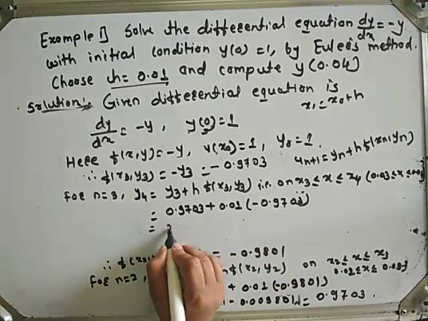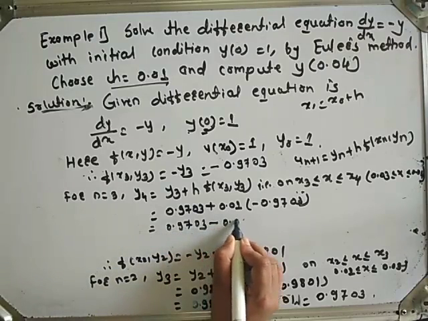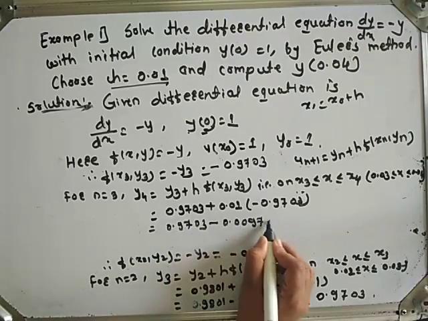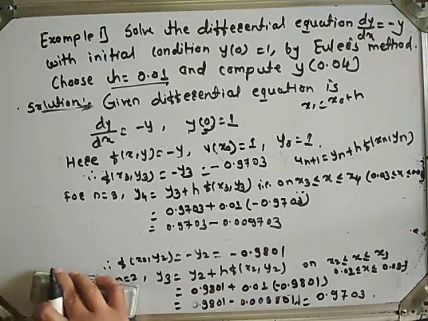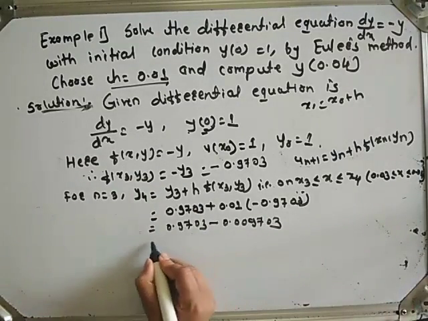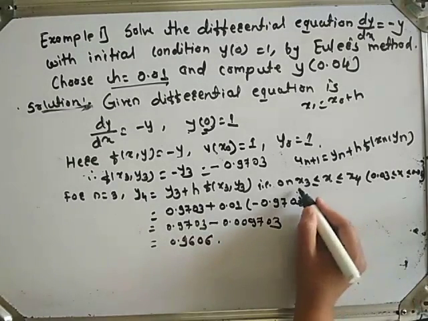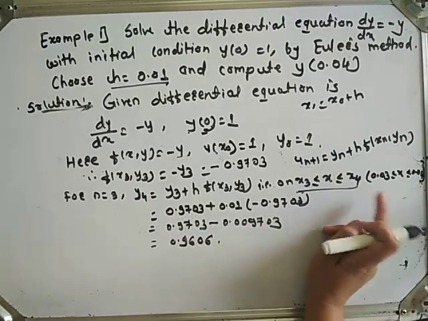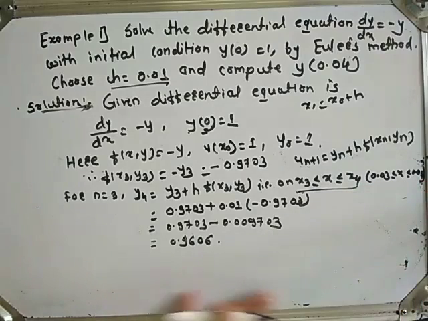So 0.9703 minus 0.009703 equals 0.9606. Students, see here, our x lies between 0.03 and 0.04.